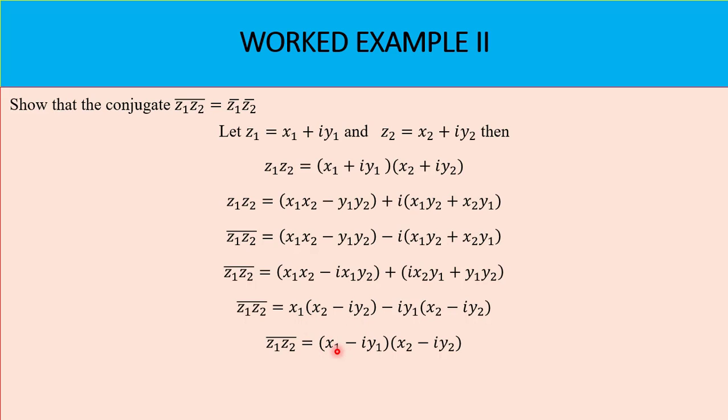So we shall remain with x1 minus iy1 into x2 minus iy2. This is equivalent to the complex conjugate of z1 times the complex conjugate of z2. So finally, the complex conjugate of z1 times z2 is equal to the complex conjugate of z1 times the complex conjugate of z2.